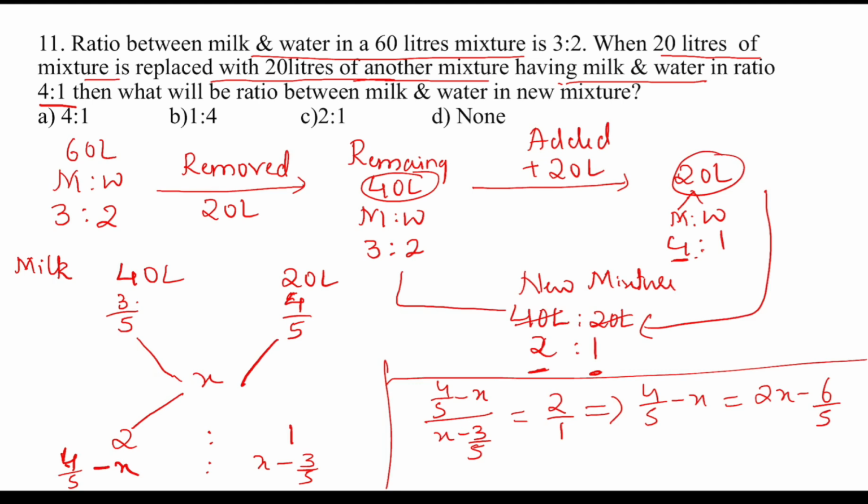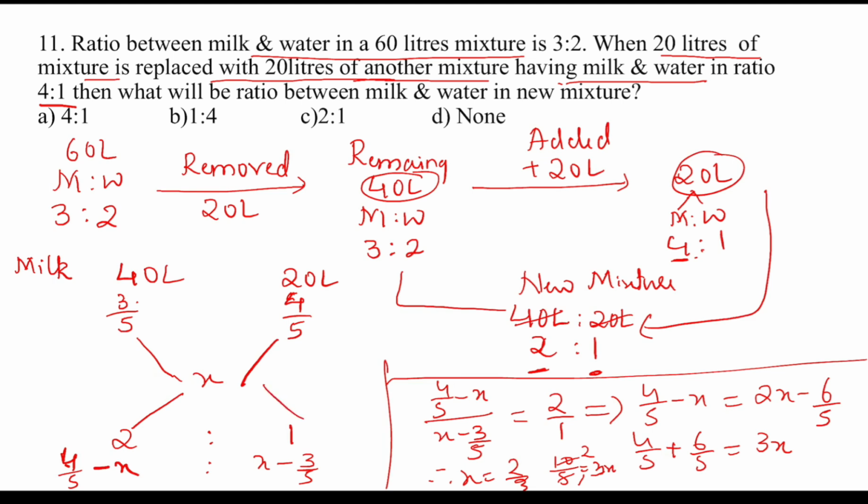X terms on one side: 4/5 + 6/5, which is equal to 2x + x, that is 3x. So 10/5 = 3x, and therefore x will be 2/3.